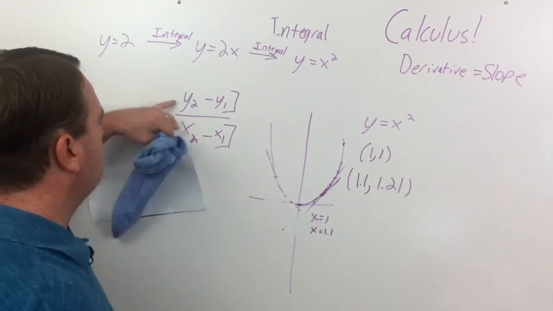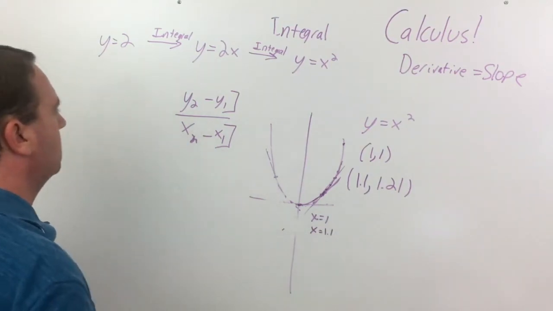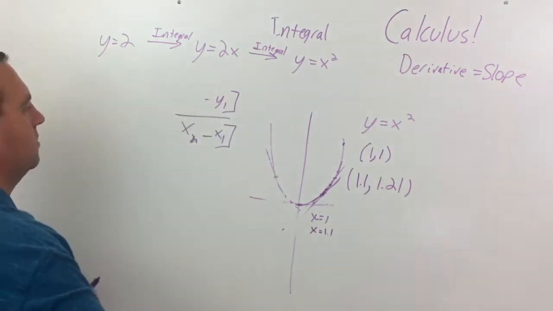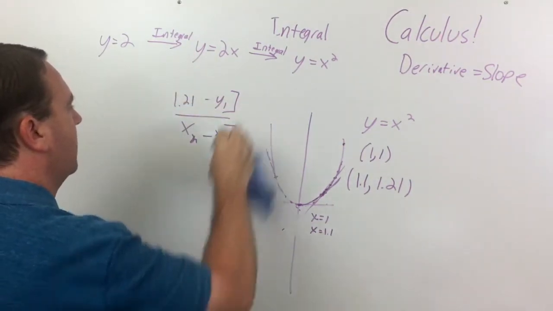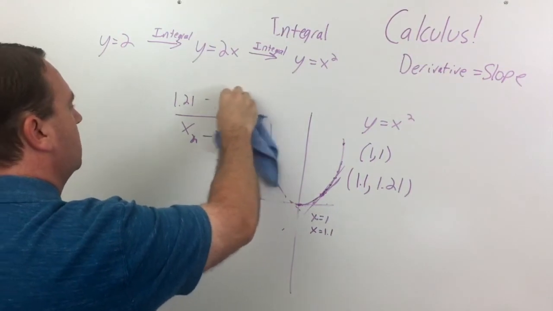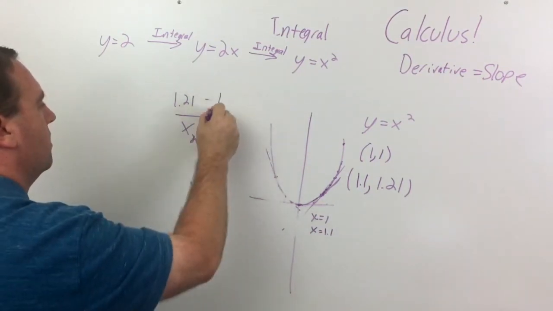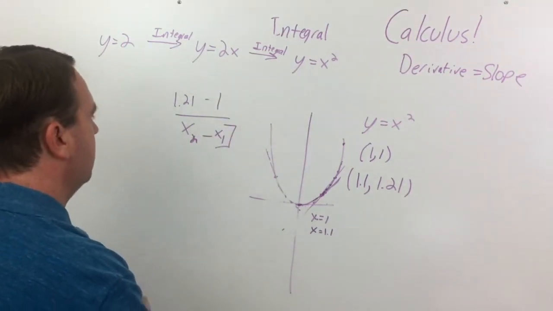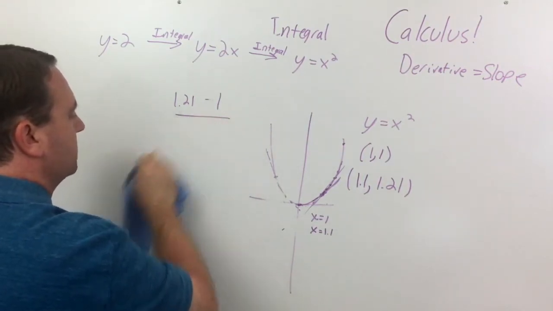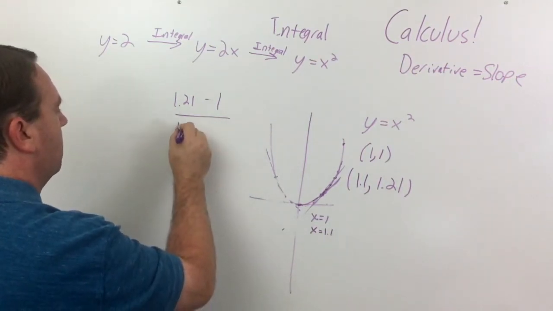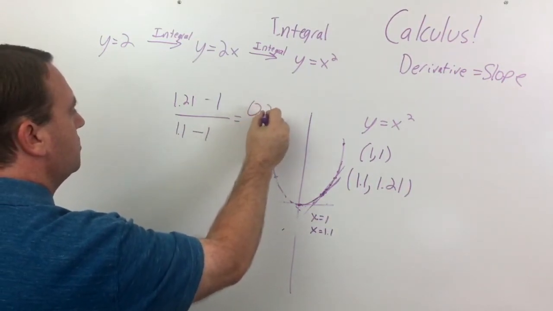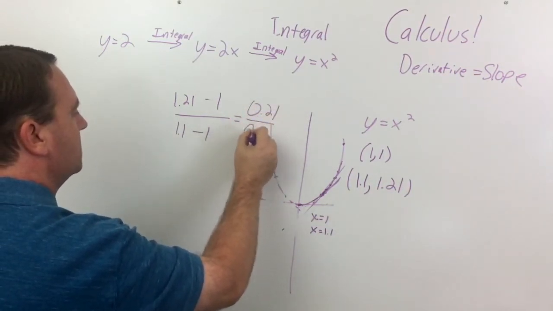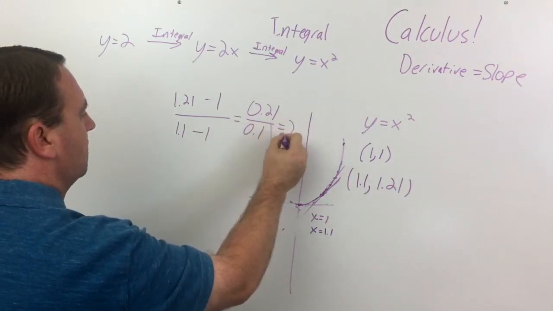So we take our second y point, which is 1.21, subtract our first y point, which is just 1, and divide it by the difference in our x values, which is going to be 1.1 minus 1. This will give us 0.21 divided by 0.1, which will give us 2.1.